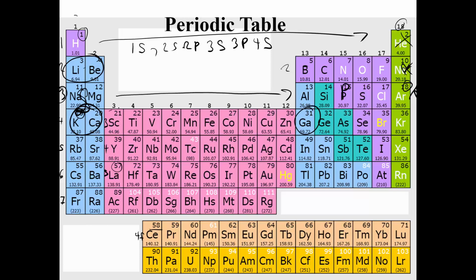But then we are inserting a d block here, right? So scandium 21 is in the d block. It's the 3d, so that we have to remember. 3d, that's going to be 10, like 1, 2, 3, 4, 5, 6, 7, 8, 9, 10. 3d is full. So now gallium is in the p block here, right? This is the p block.